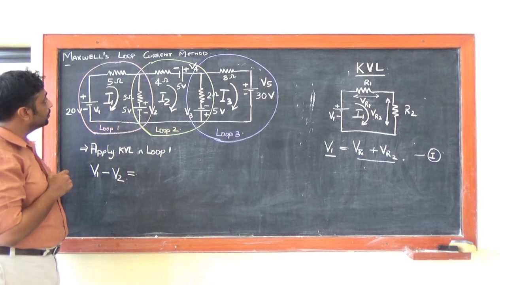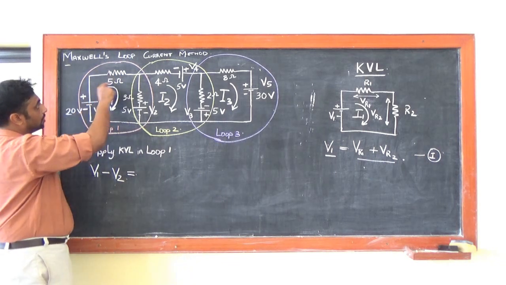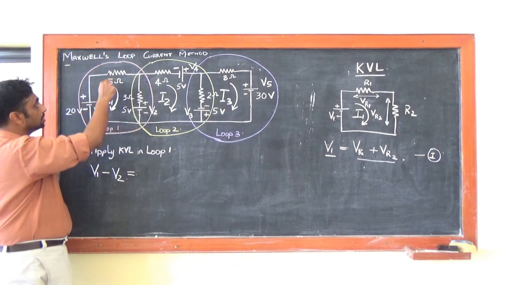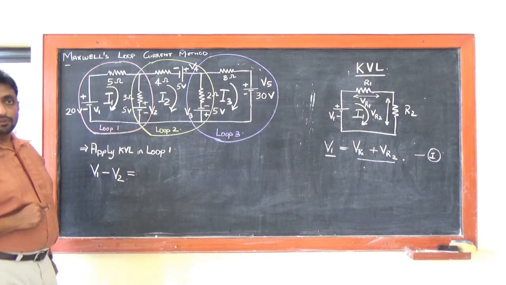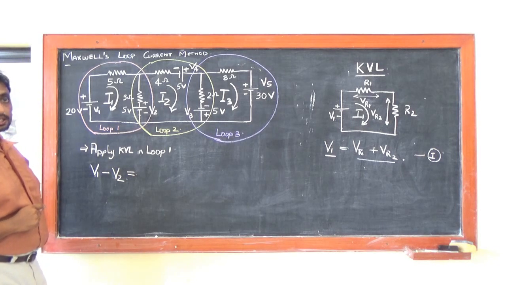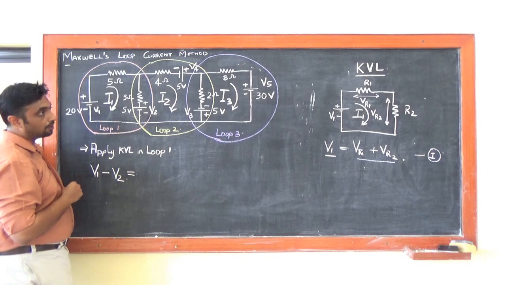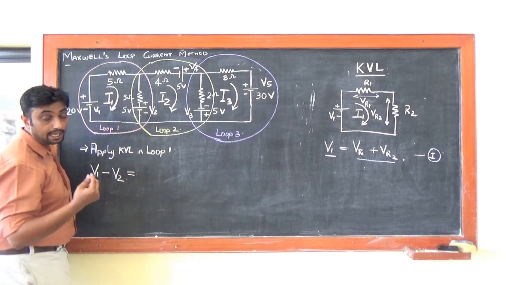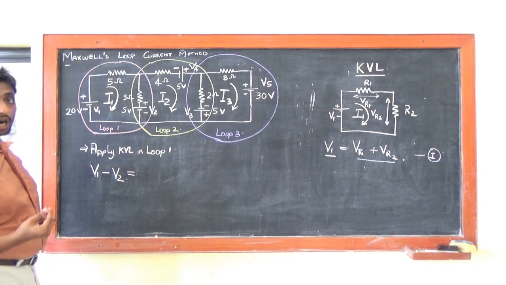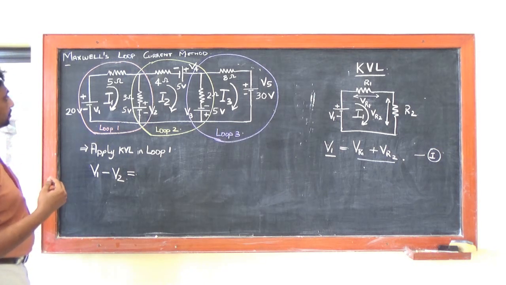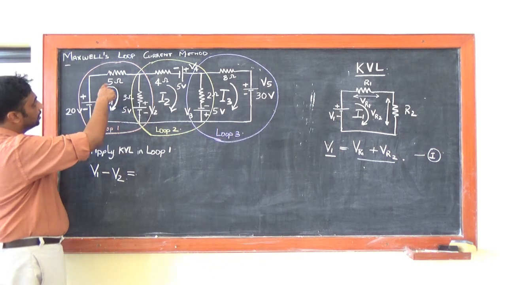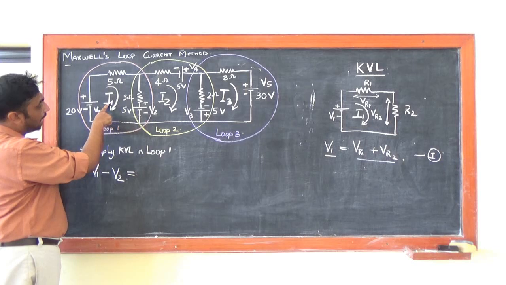So I want to know the voltage drop across this 5 ohms resistor. Now what do I have? I have a resistor of 5 ohms and I have a current of I1 flowing in this 5 ohms resistor. So what will be the voltage drop? From Ohm's law, we can say V equals I into R. What is your current?